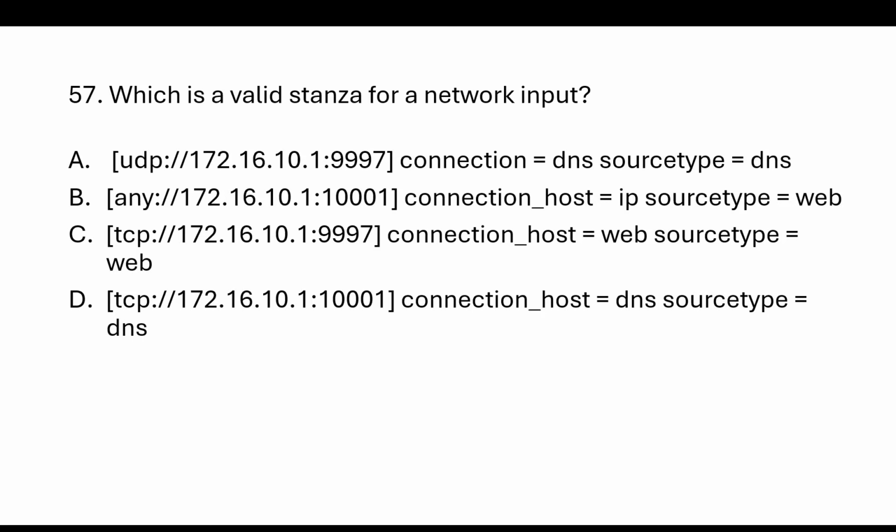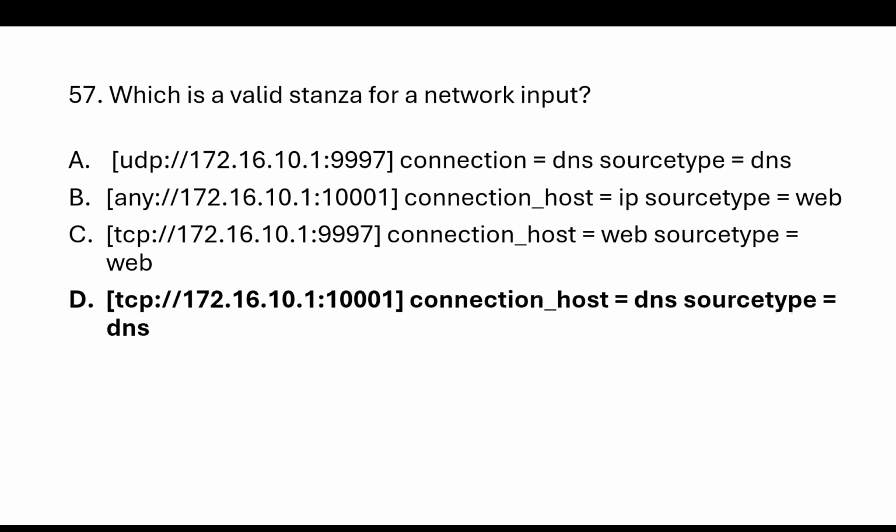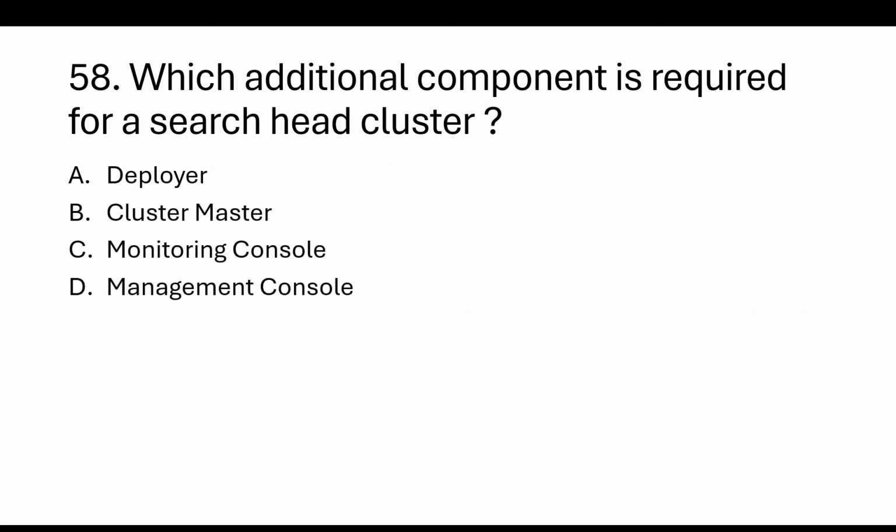Option C, TCP colon IP colon port address, connection host equals web, source type equals web. Option D, TCP colon IP colon port number, connection host equals DNS, source type equals DNS. And the answer is option D, TCP colon IP colon port number, connection host equals DNS, source type equals DNS.